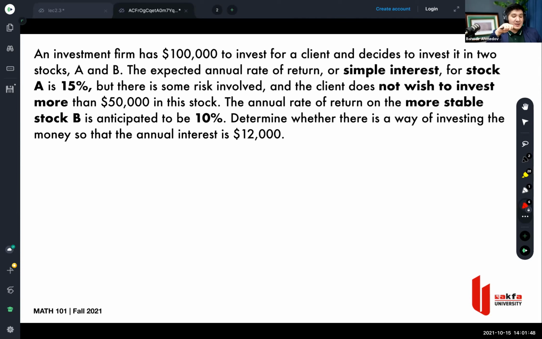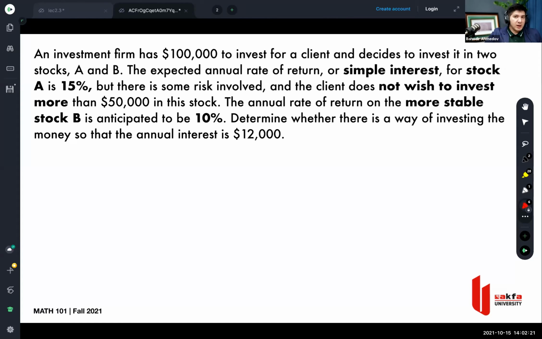Instead, he can also invest his money in stock B, in another company B, and the interest is a little bit lower. It's only 10%, but company B is more stable. What this person wants is to invest some portion of his money in stock A and another portion in stock B, so that his interest, his profit after 1 year, is going to be equal to $12,000.